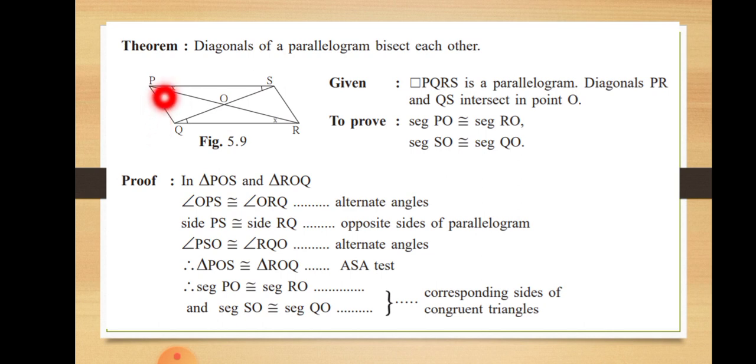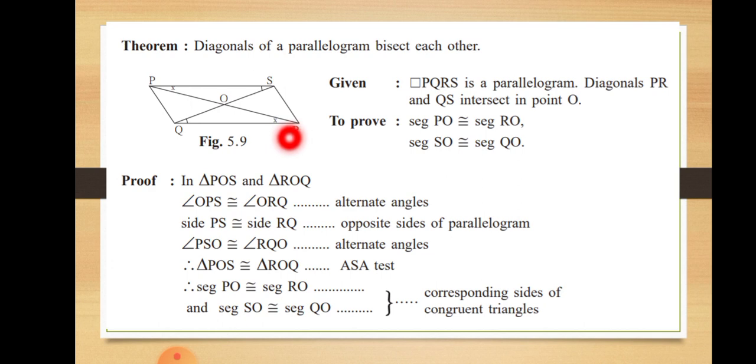That is the angle side angle property. And hence what we proved, that segment PO is congruent with segment RO by using which property?